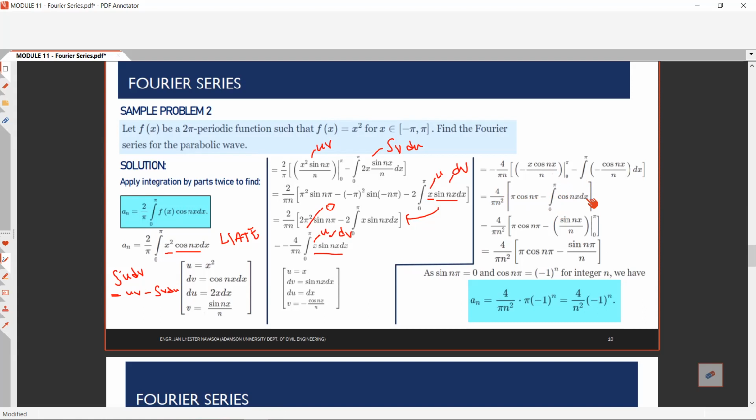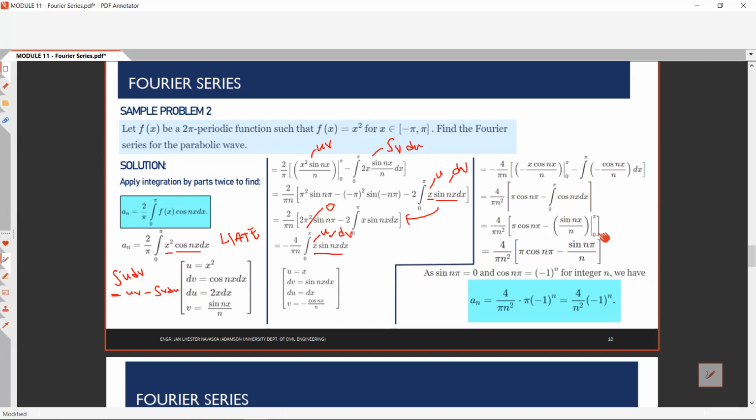You can now easily solve this integration: it is sine nx over n evaluated from 0 to pi. So 4 over pi n squared, pi cosine n pi minus sine n pi over n.